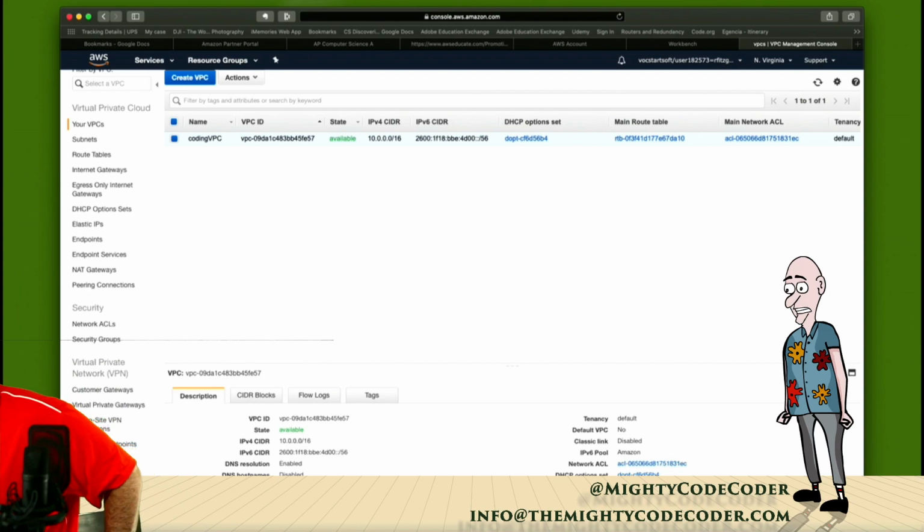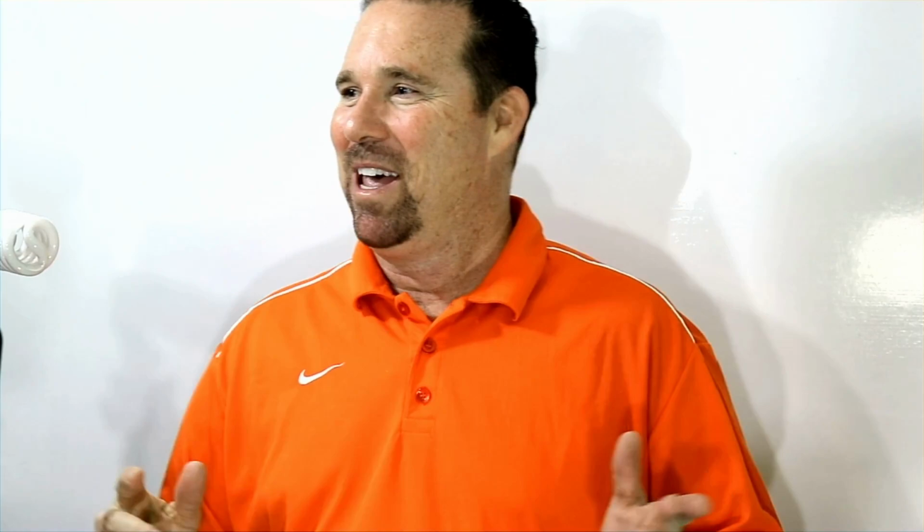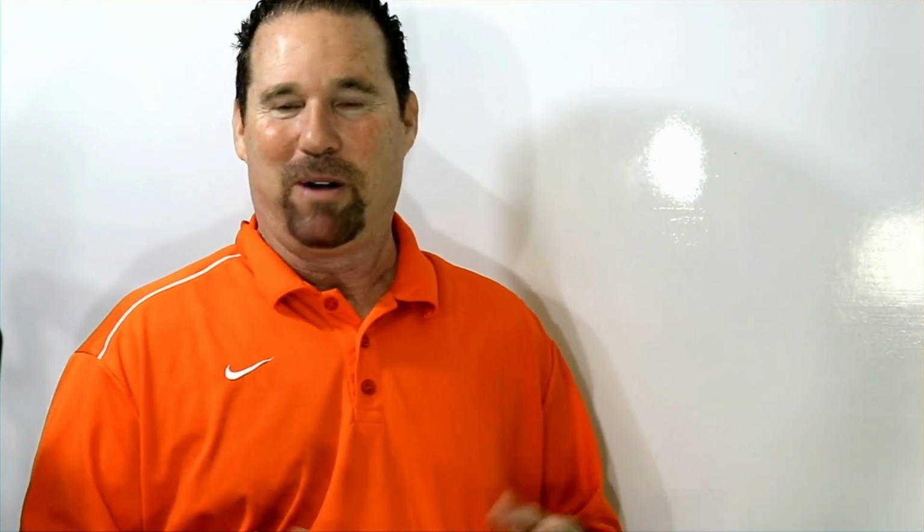Okay, I'm still here. So we're going to turn this on. Hi, there I am. And I have a light in the way. Let's get this light out of the way. And now we're here at the chalkboard where we want to draw this thing up. We're going to draw up a VPC, a private version.